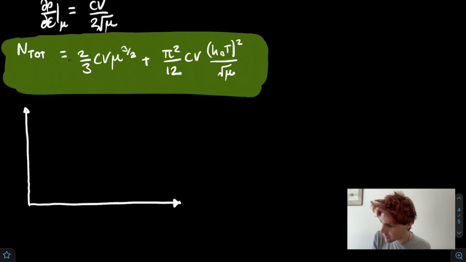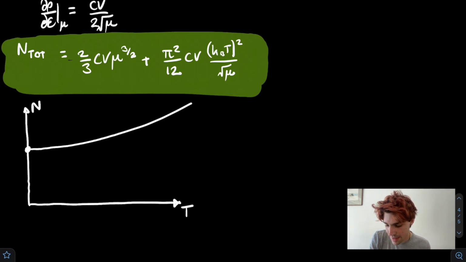For a fixed chemical potential mu, the total number of particles in a gas, so this is T and this is going to be N, is going to increase sort of quadratically with temperature because it's proportional to T squared. So you're going to get a quadratic dependence of N on T.